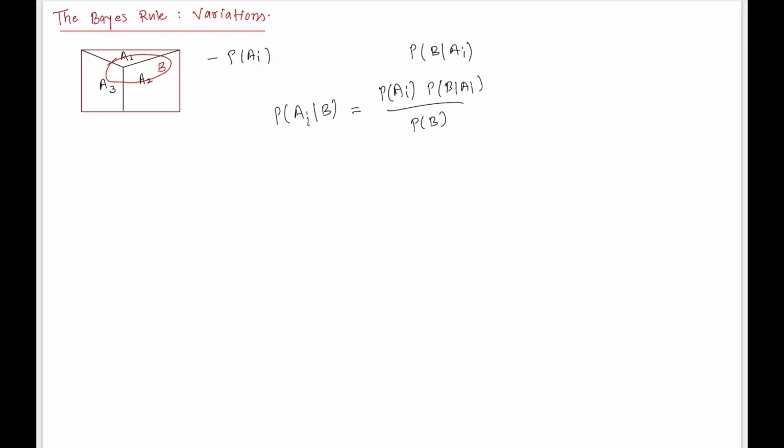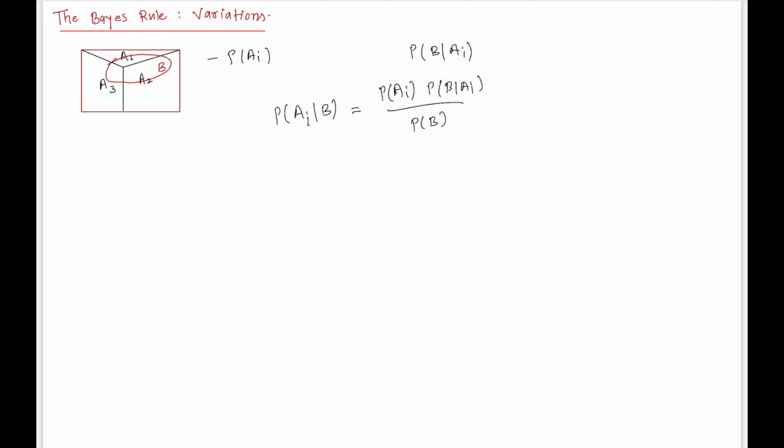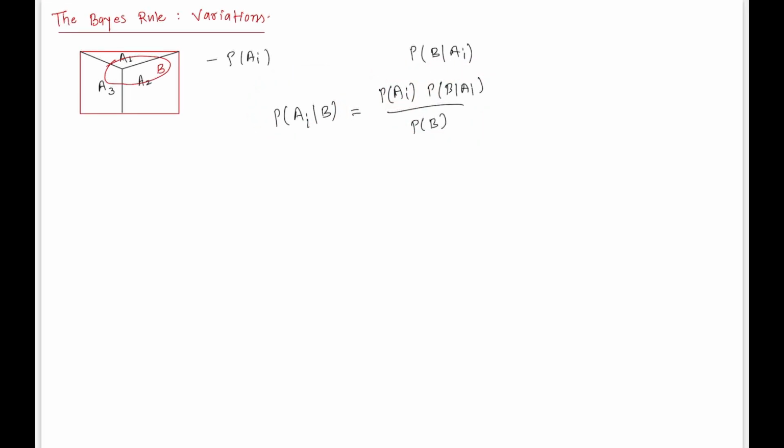So what you are doing is, you had some initial belief and you are making some revision of your initial belief, and this is what you will get as the revised probability of this event Ai given this event B. And this is what the Bayes theorem is, and it is nothing but just a conditional probability.